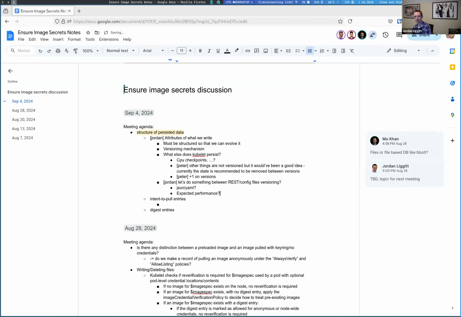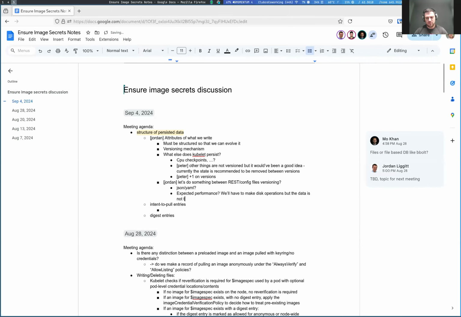We have to do a disk operation no matter what we put in the file. If we put JSON, that's obviously not very efficient, but also we're not storing very much data at all. So I don't think the difference between JSON and proto in the content will really matter relative to the disk operation and relative to the network operation of the pull.